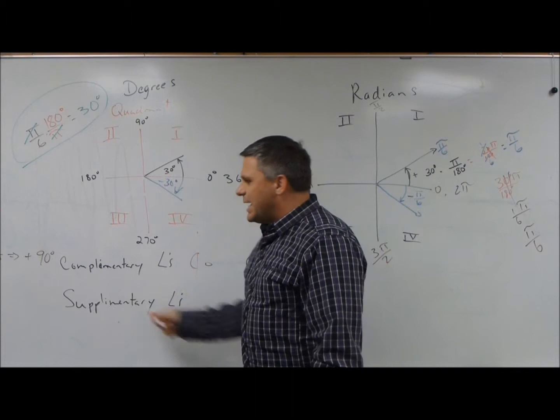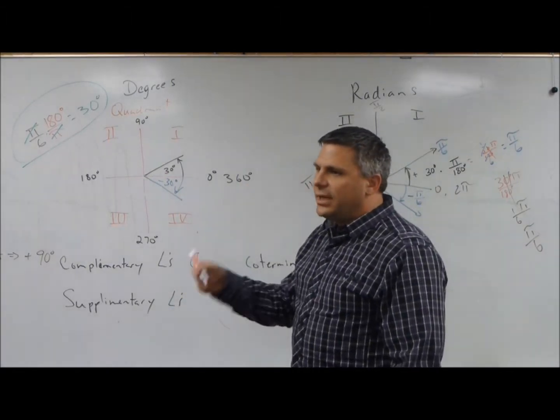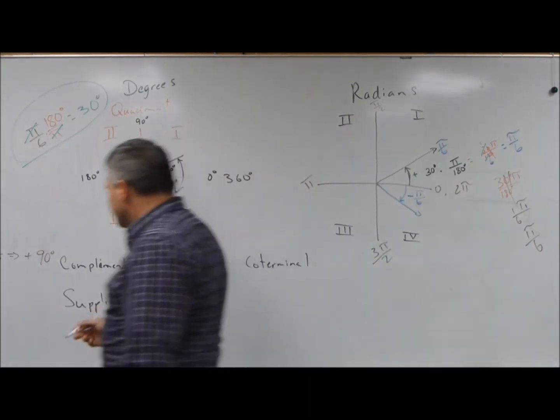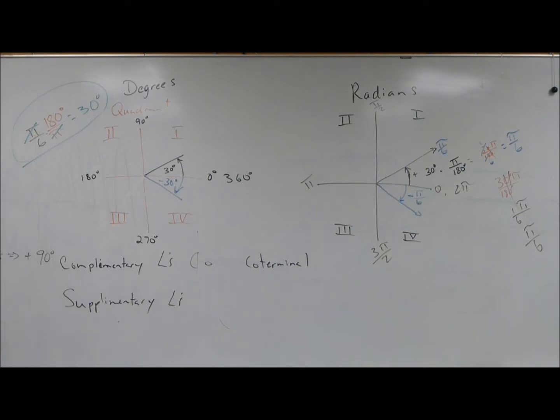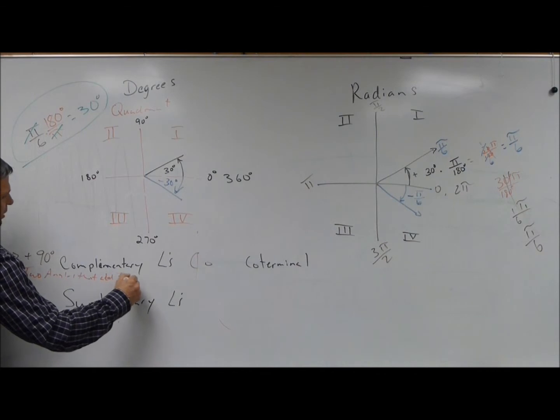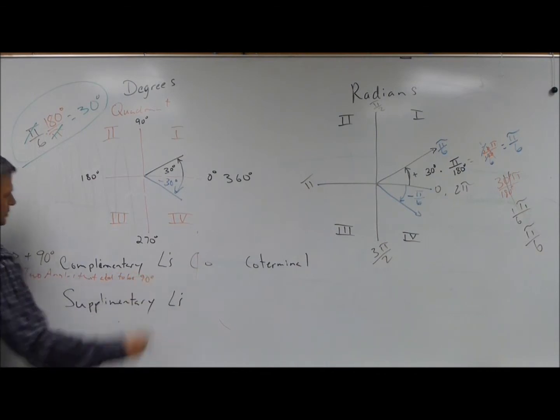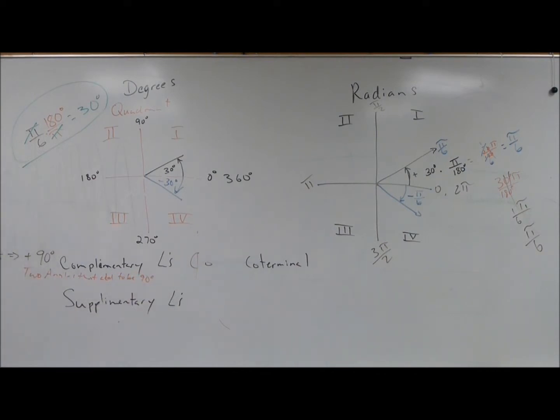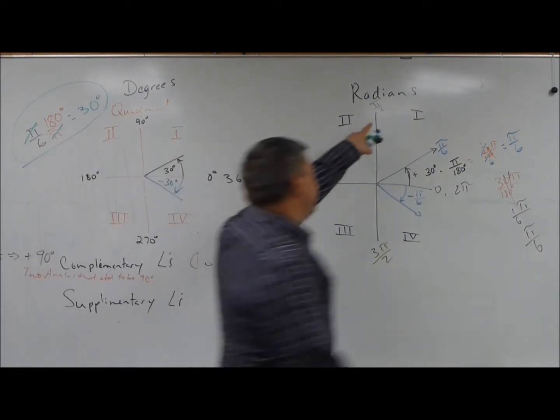So two angles that add to be 90 degrees. Now, in radians, it would be two angles that add to be pi over 2.